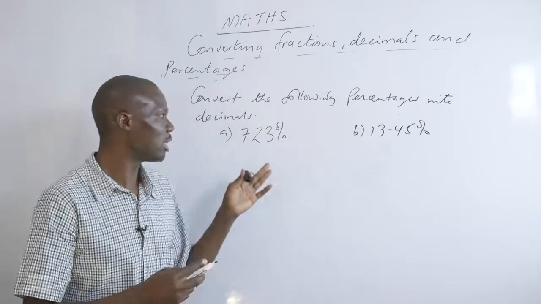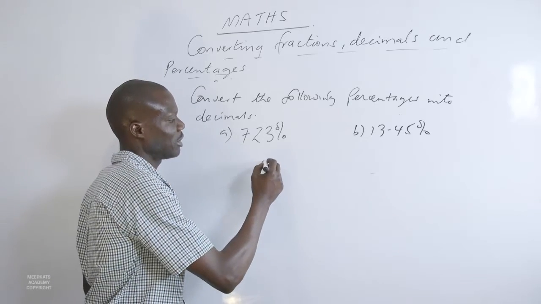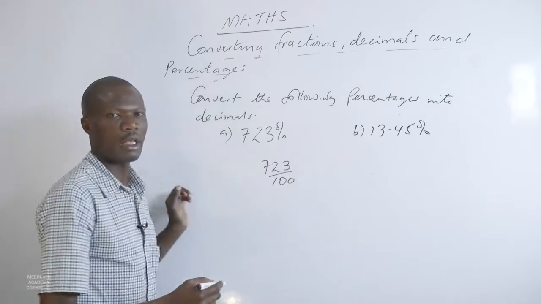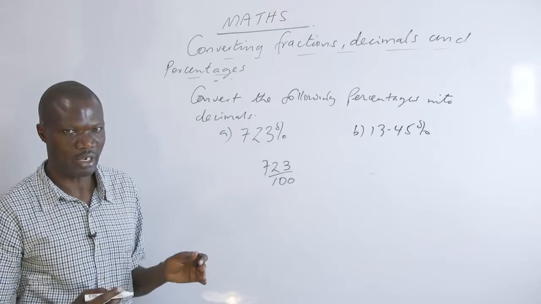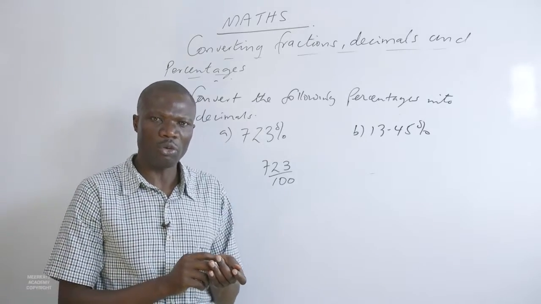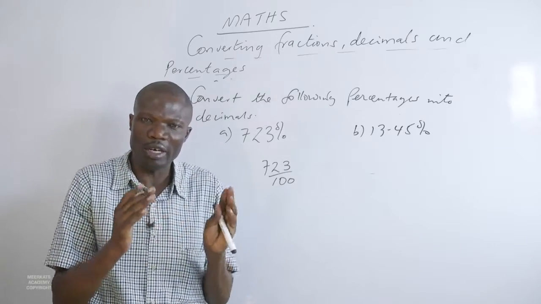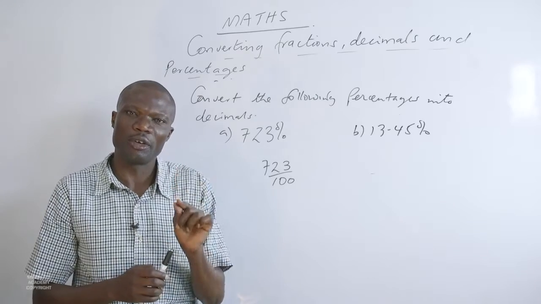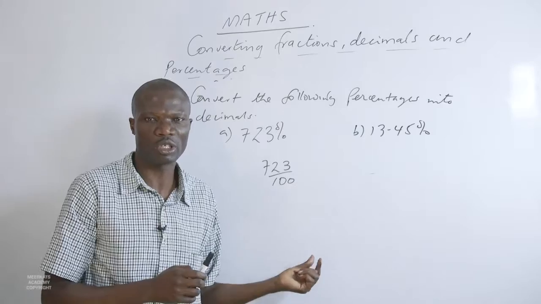So for this case, this 723% is the same as 723 over 100. We always use the rule that when you are dividing any number by a power of 10, you move the decimal point to the left by the number of zeros that you have.